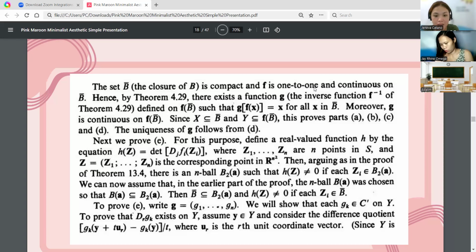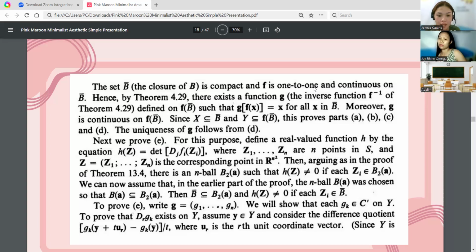We can now assume that in the earlier part of the proof, the n-ball B(a) was chosen so that the closure of B is a subset of B(a). Then B is a subset of B(a), and h(z) is not equal to 0 if each z_i belongs to B.